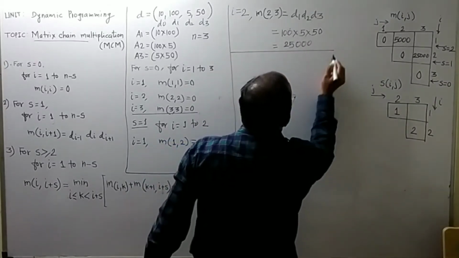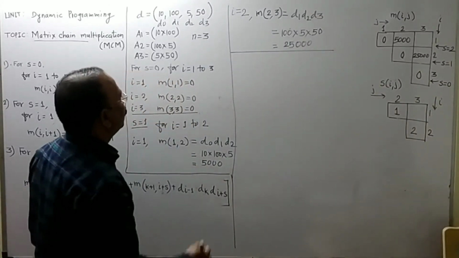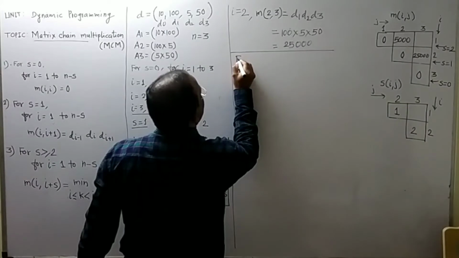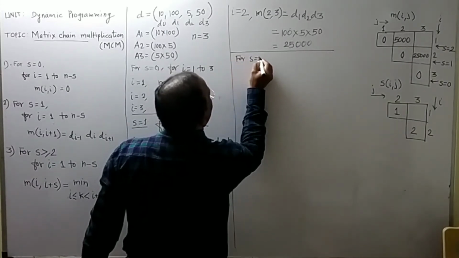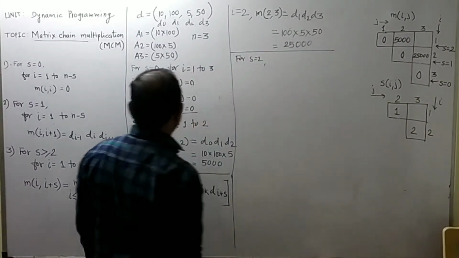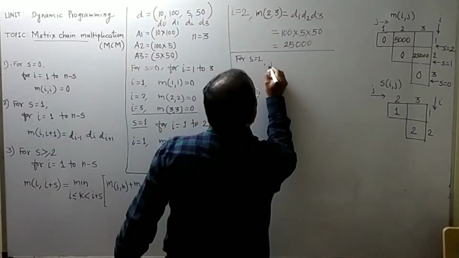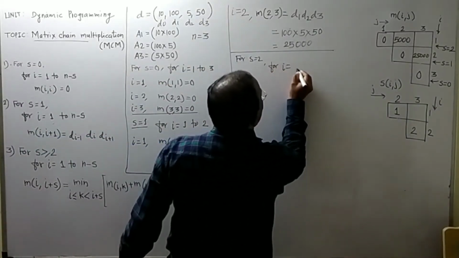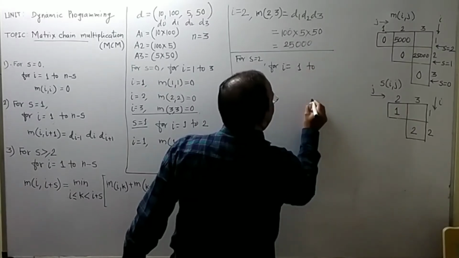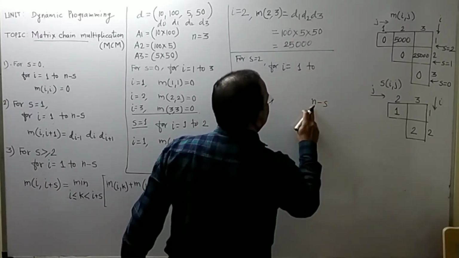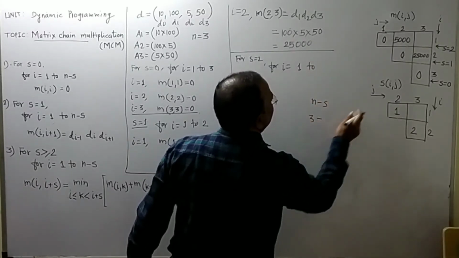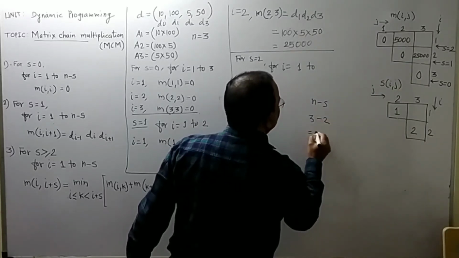Then go for s is equal to 2. For s is equal to 2, we have to use the third formula. For I is equal to 1 to n minus s. Here the value of n is 3 and the value of s is 2, so n minus s is 1.